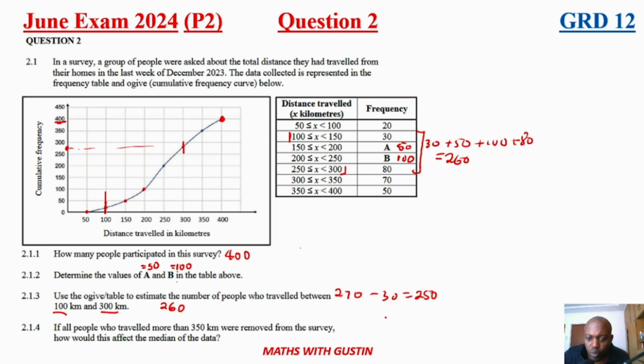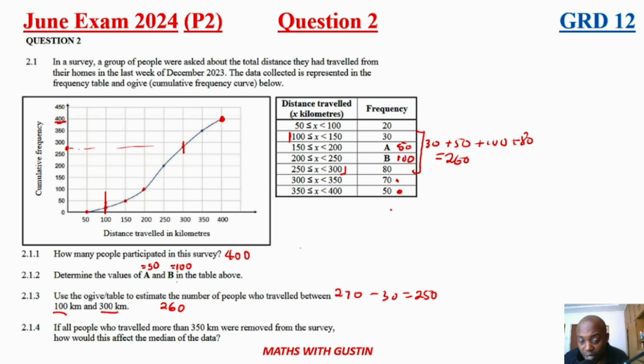Now let's move on to 2.1.4. If all people who traveled more than 350 were removed from the survey, how will this affect the median of the data? If people who traveled more than 350 are removed, it's going to be these two groups here.